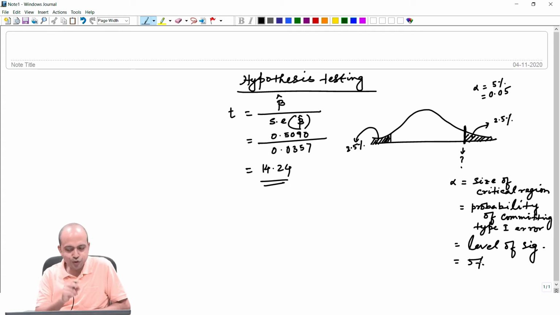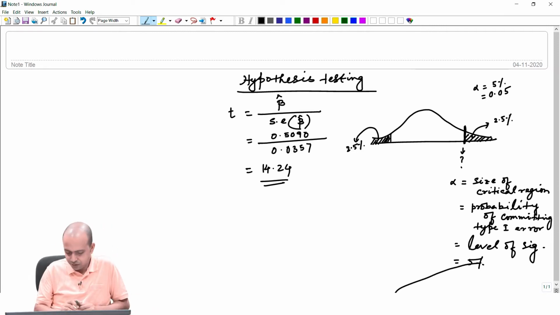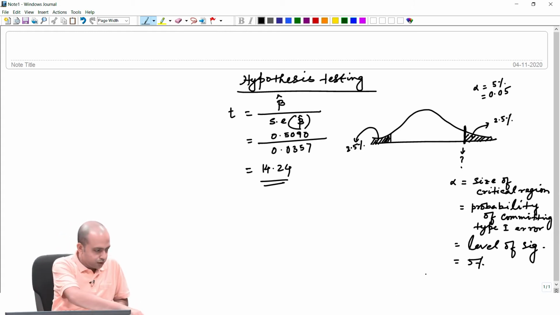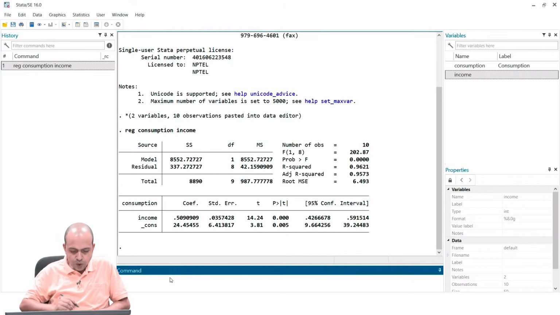Now, if you go back to your table and see the value of t, if you look at your table, here you see that the total number of observations is 10, and as I said yesterday, t will follow n minus 2 degrees of freedom, that means 8 degrees of freedom.